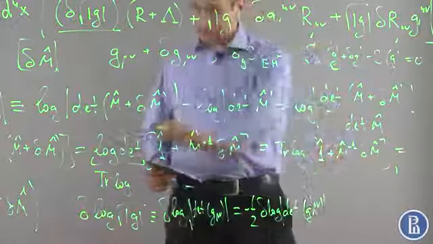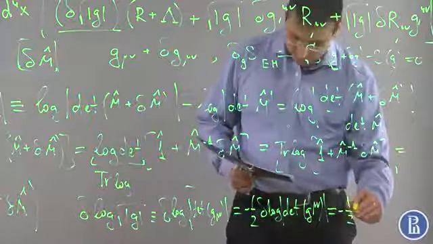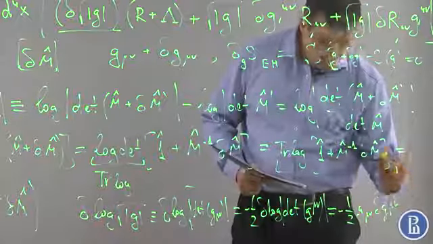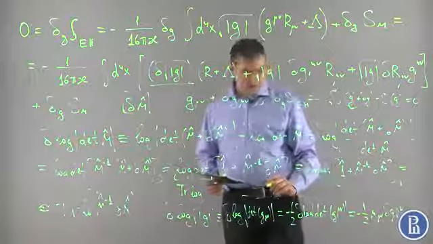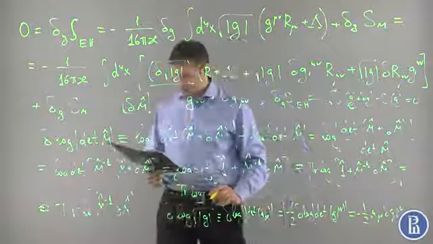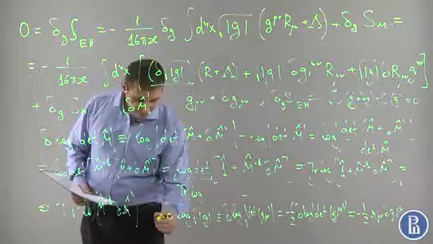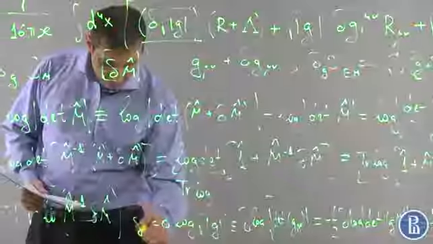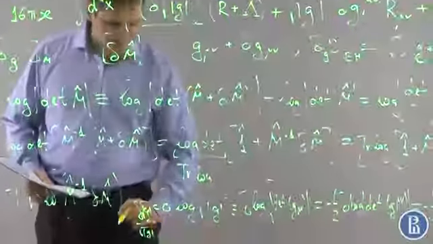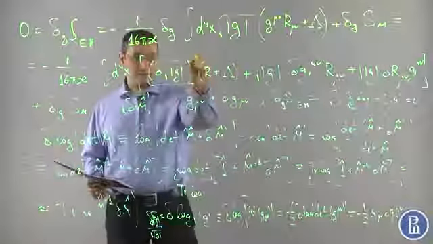Applying this formula, this is nothing but minus 1/2 g mu nu delta g mu nu. As follows from these formulas, this is nothing but the variation of the square root of the modulus of g divided by the square root of the modulus of g.